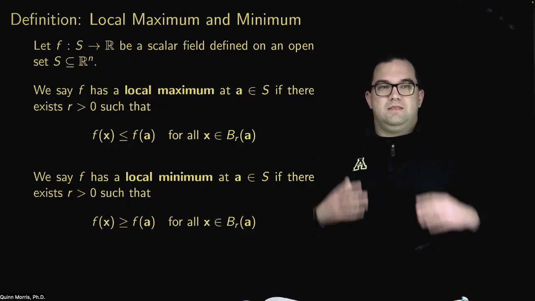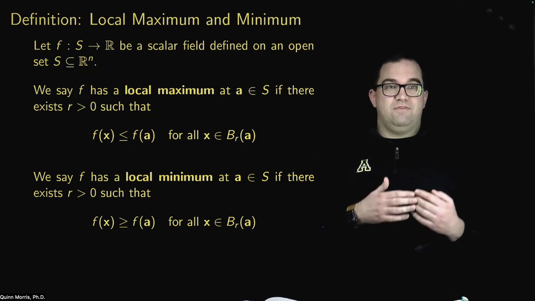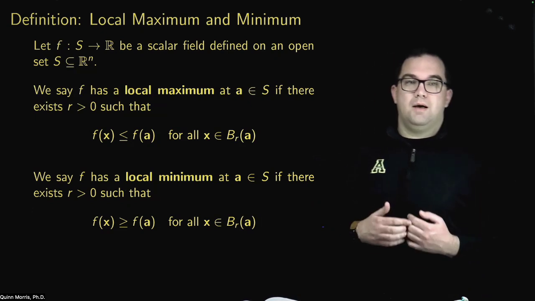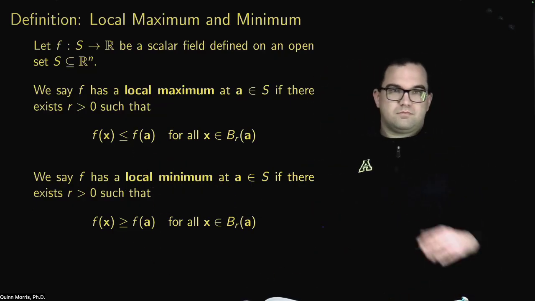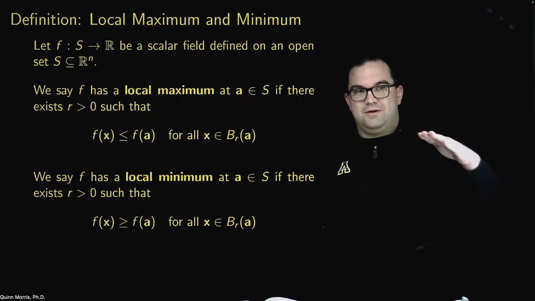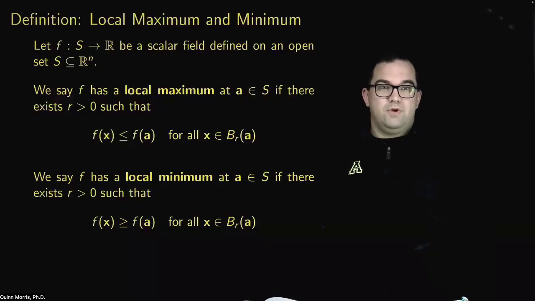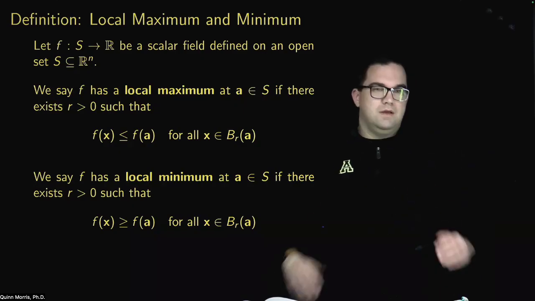So again, these are nearly identical to the definitions we saw in Math 5610 for defining a maximum or a minimum value. Notice, again, these both have equalities. So say you have a constant function, f(x, y) equals 3, then every point is both a local maximum and a local minimum.